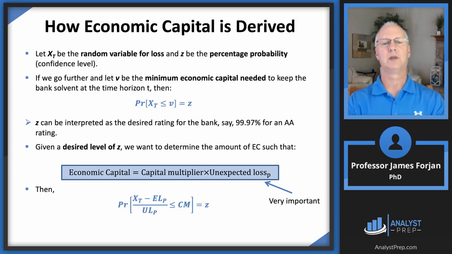The bank might say, hey, we have a desired rating, let's say a AA rating, and that gives us a 99.97% Z. It could be 99.2 or 99.99, whatever it is. Given that desired level of Z, we can determine the economic capital such that the economic capital is equal to the capital multiplier times the unexpected loss.